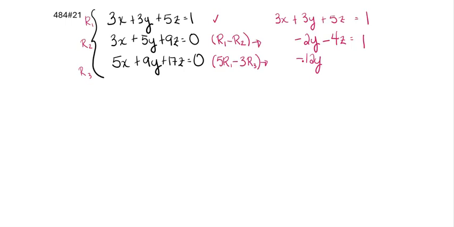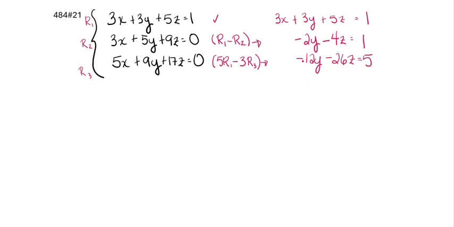So 25z minus 51z gives me negative 26z. And then now I'm going to take 5 times this 1 and 3 times 0. 5 times 1 is 5, 3 times 0 is 0, and 5 minus 0 is 5. So I'm going to write that down here.